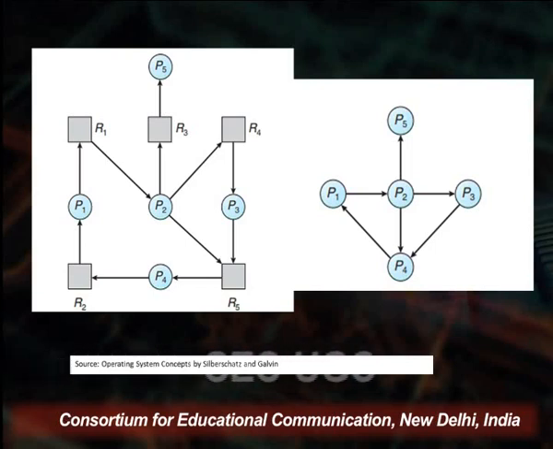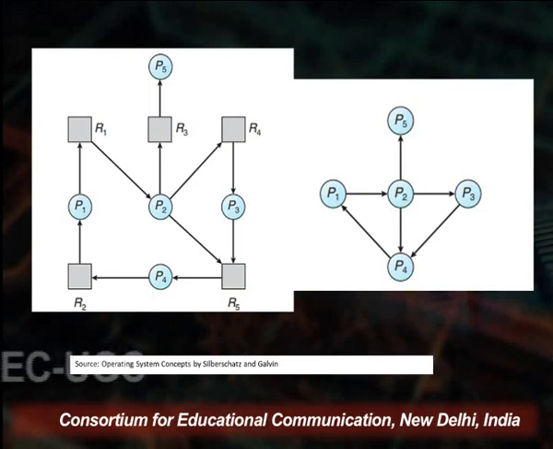Now, if there is an edge from P1 to a resource, and from that resource to P2, then there is going to be an edge from P1 to P2. For example, in the resource allocation graph, notice an edge from P1 to R1 and then from R1 to P2.